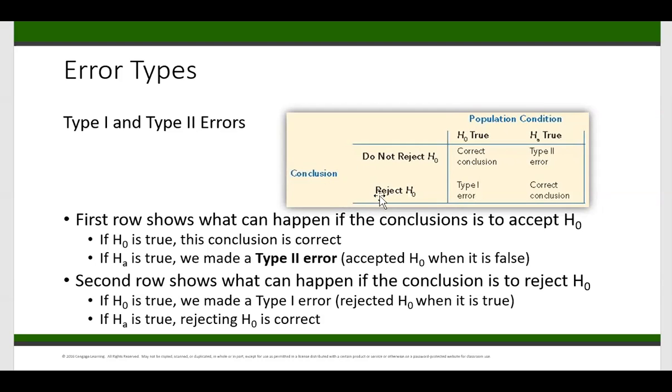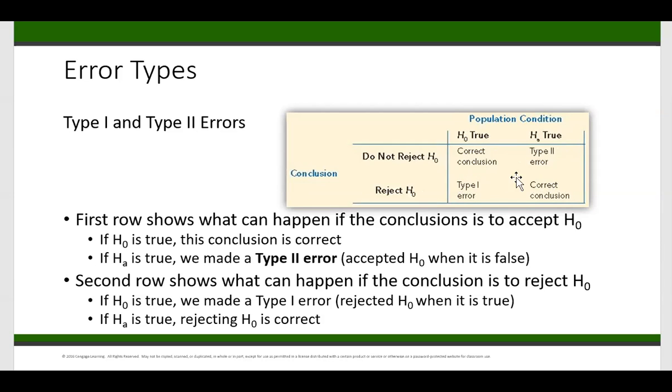So we either reject the null hypothesis or we fail to reject, or we do not reject the null hypothesis. So these two cases can happen in terms of our conclusion. So now, 4 cases in total can happen.